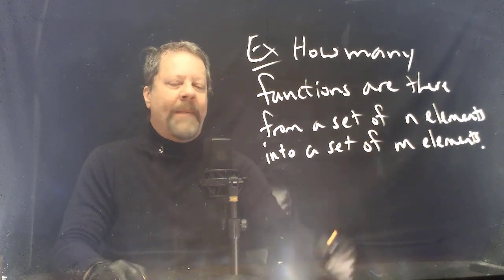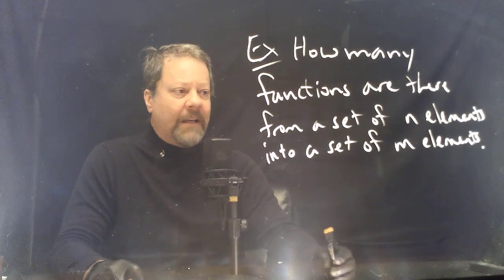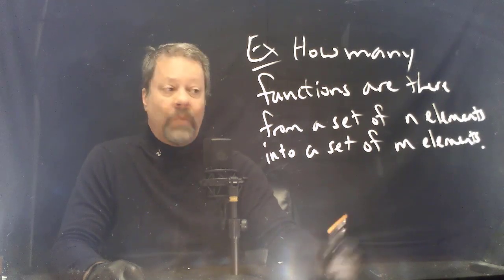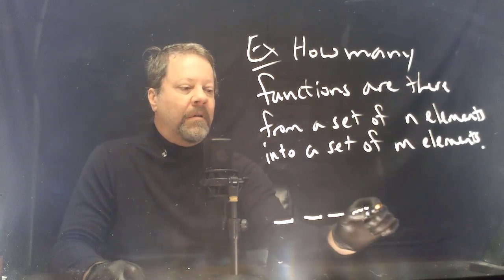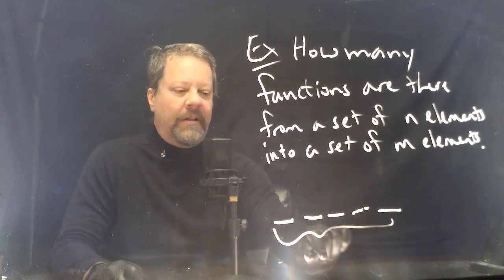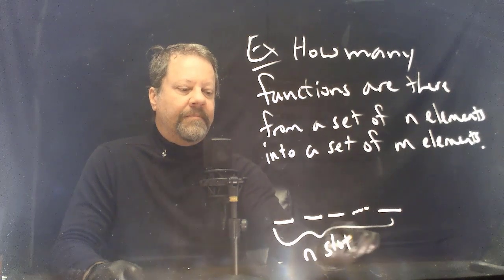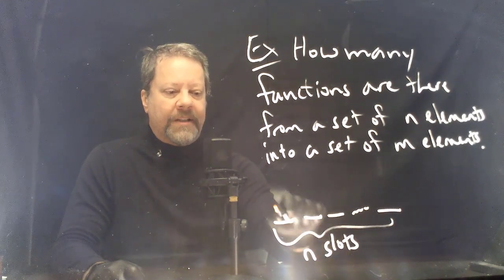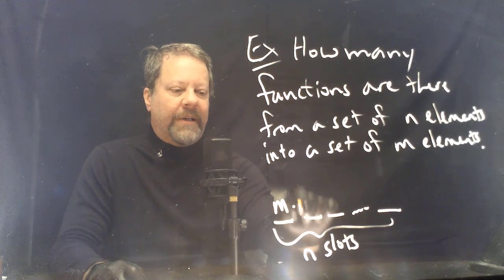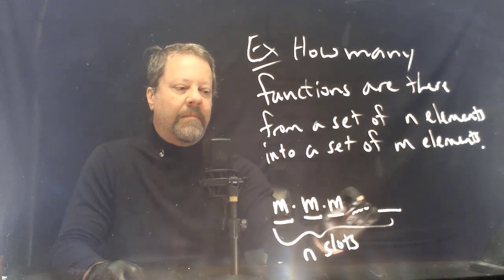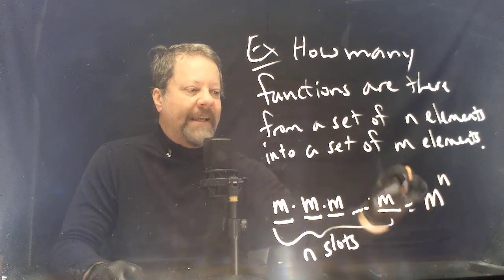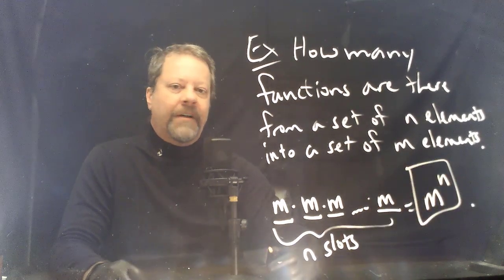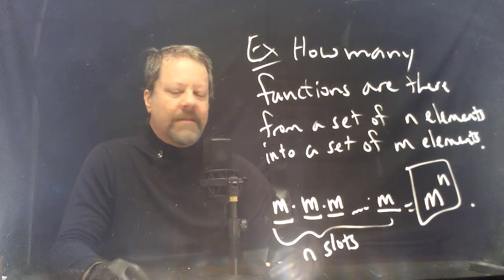There are n domain elements, and to each of those domain elements we need to assign one of the range elements. So we're going to have n slots, and each of those slots can be filled with m different possibilities. So we get m to the power of n different functions from a set of n elements to a set of m elements.